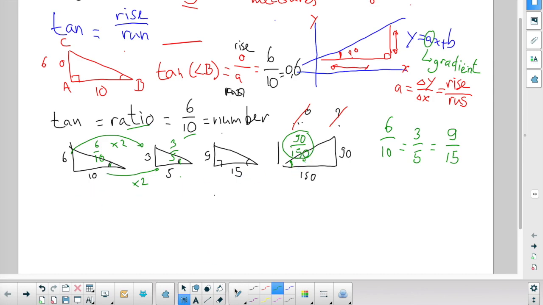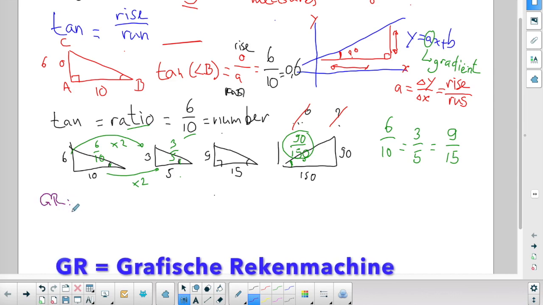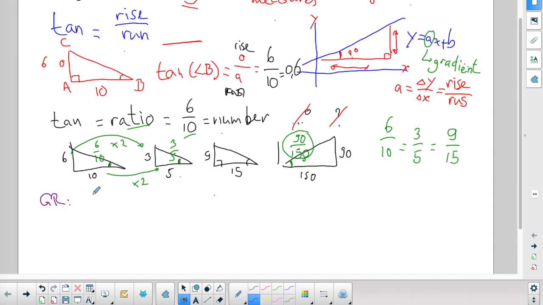But nowadays we do have our calculator. So if I say the tangent of an angle, of some degrees, is 3 over 5, well, I can calculate the size of the angle by using the inverse. I do the opposite: tan to the minus 1 of 3 over 5 is, just look at your calculator.